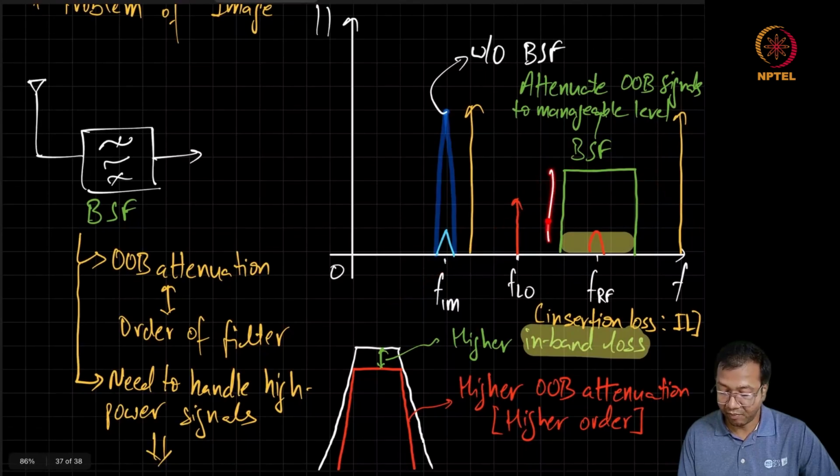Out of band signals can be just next to the band edge, whereas this image signal will be at least FIF distance away from the LO, and the LO again will be at some distance away from the desired signal band.